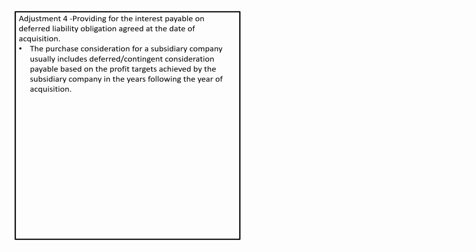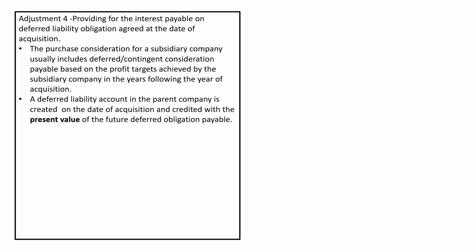Let's look at an example regarding adjustment 4, provision for interest payable on deferred liability obligation agreed at the date of acquisition. The purchase consideration for a subsidiary company usually includes a deferred or contingent consideration payable based on the profit targets achieved by the subsidiary company in the years following the year of acquisition.